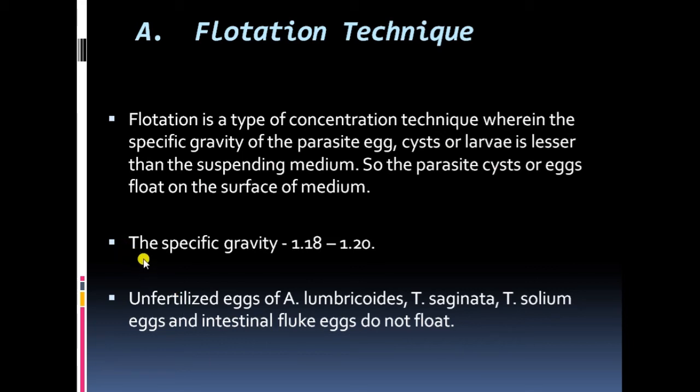The specific gravity of the medium can also be changed by using salt, and it is generally adjusted between 1.18 to 1.20. The unfertilized eggs of Ascaris lumbricoides, Taenia saginata, Taenia solium eggs, and intestinal fluke eggs do not float because they have more density as compared to the density of the medium.